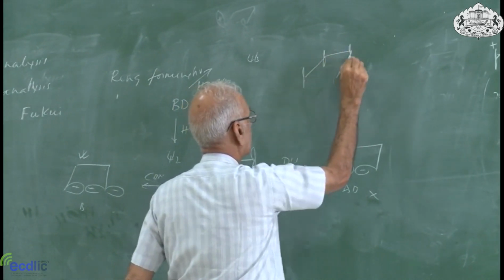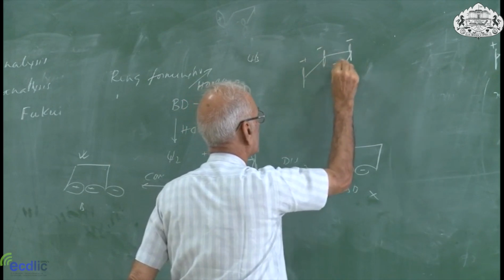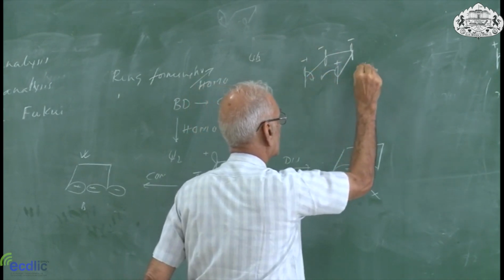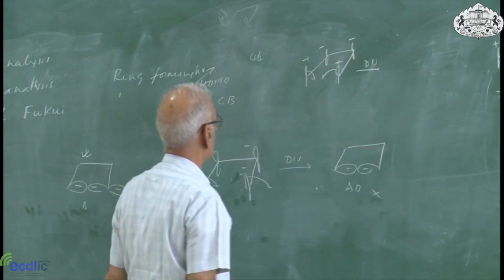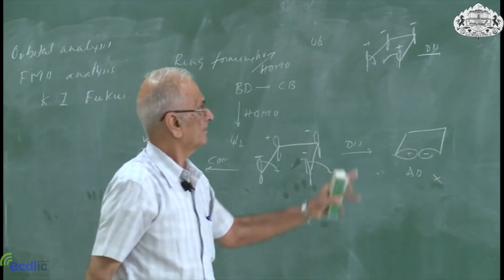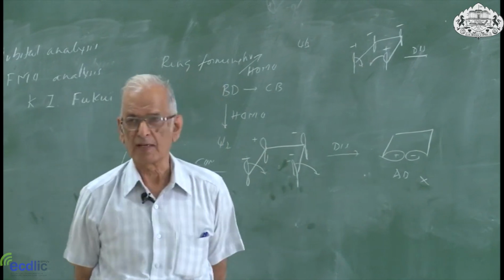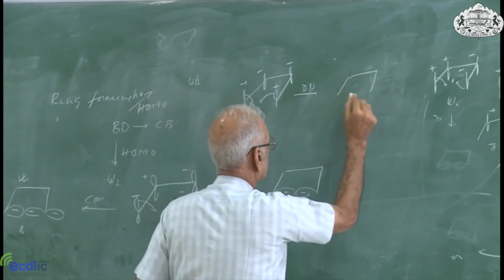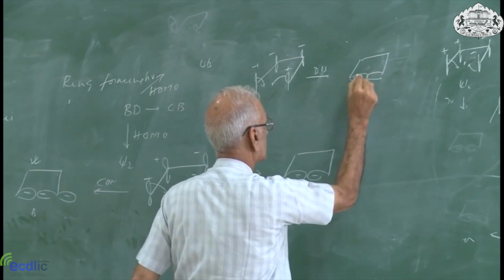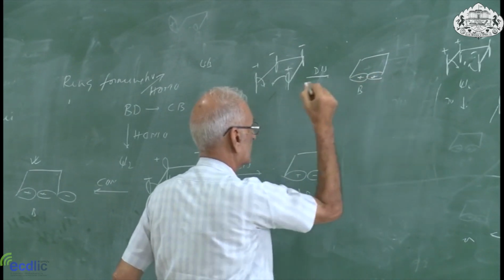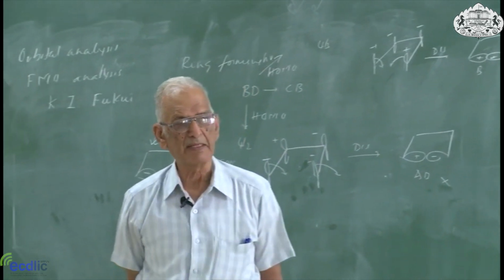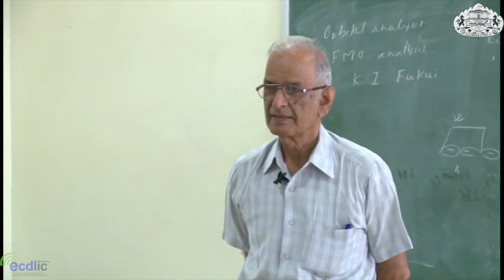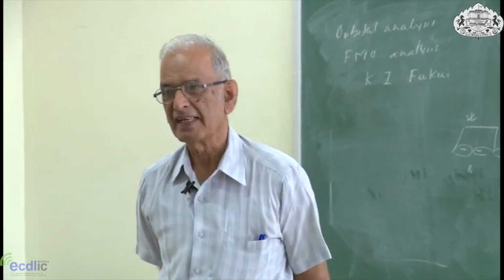Plus, minus, minus, plus. Disrotatory plus will overlap with plus. Disrotatory will give me bonding. Automatically, conrotatory will give me anti-bonding.